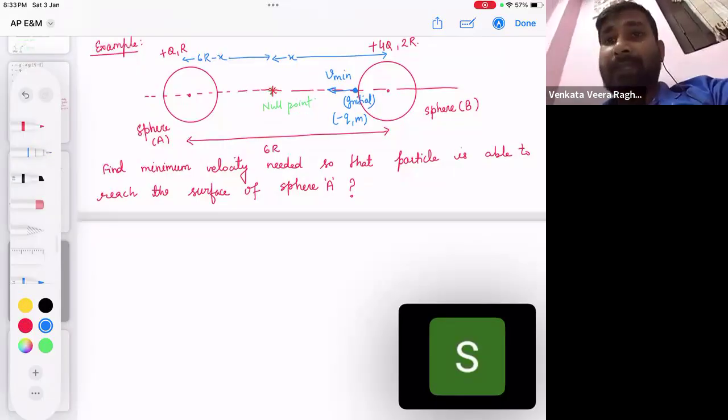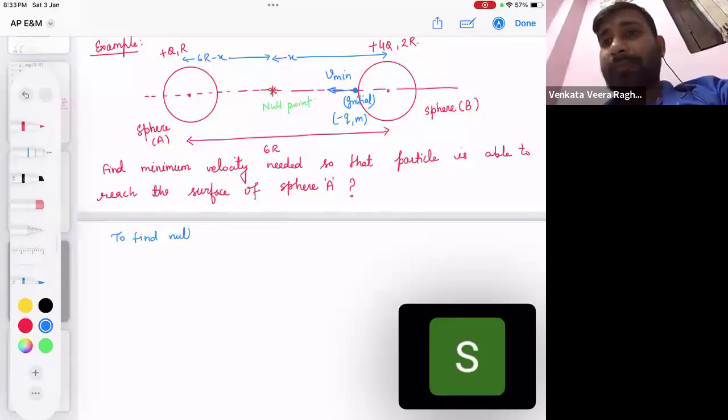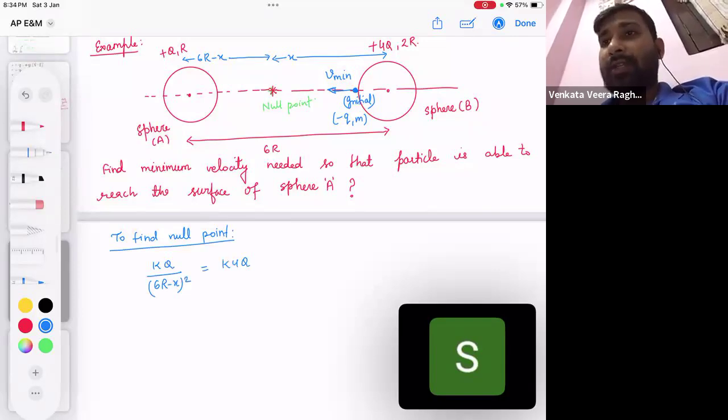So please tell me, to find the null point, what should I do first? Field due to sphere A. Field due to sphere A will be kq by (6r minus x) whole square, and field due to B will be k 4q divided by x square.